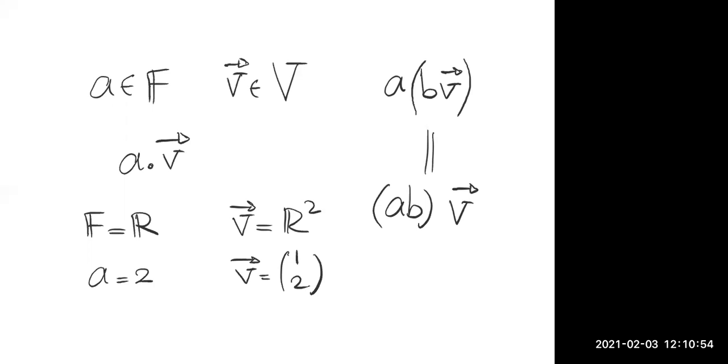You should note that although here I'm writing a, b, v, the multiplications which are kind of hidden here are multiplications in different spaces. Here, when I say b times v, I am multiplying one element of the field by one element in the vector space, right? And again, the result would be a vector.